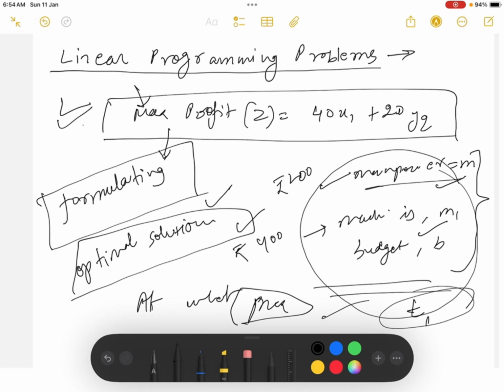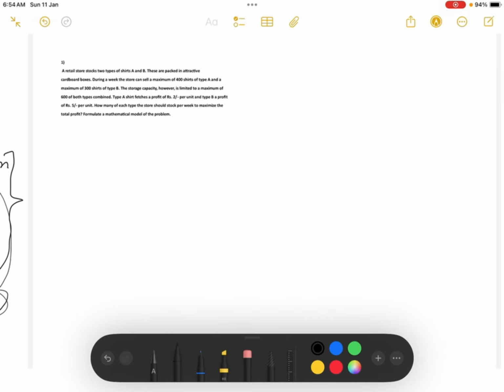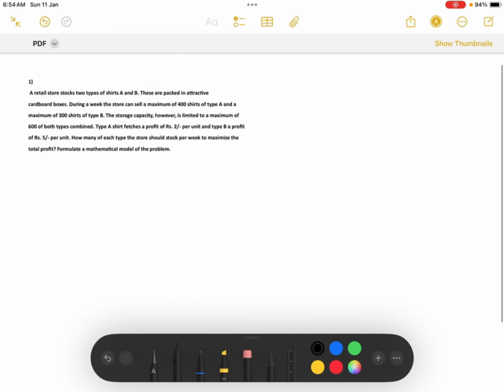Now let us start with some problems. For example, I am taking a simple problem here. Let us understand what it is saying. A retail store stocks two types of shirts, A and B, and these are obviously packed in cardboard boxes. Let us see what the question is saying.